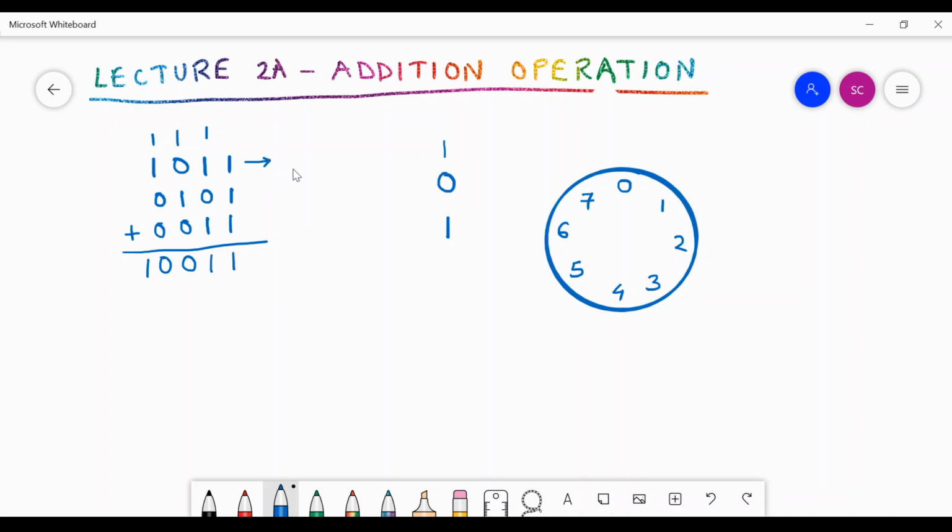So this is basically 9 plus 2 is 11, in binary 1 1. What is this? This is 5, this is 3. So by the addition you should have gotten 19.